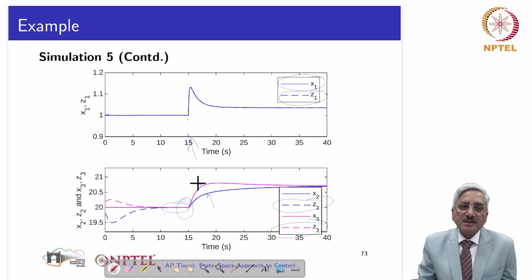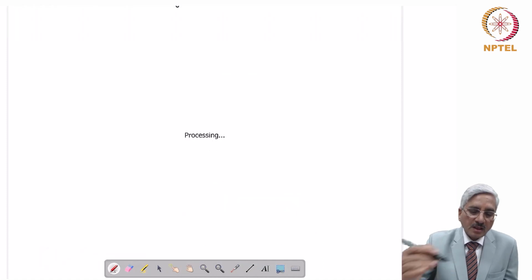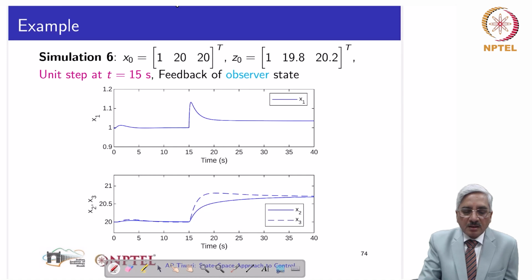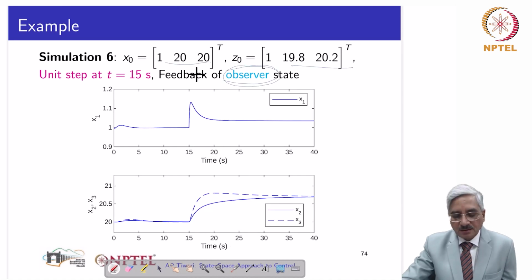They are almost the same. So irrespective of whether some input was applied to the system or no input was applied, the observer states had become asymptotic to the actual system states and they actually match them. Next simulation, same initial condition, but now the feedback is of observer state.